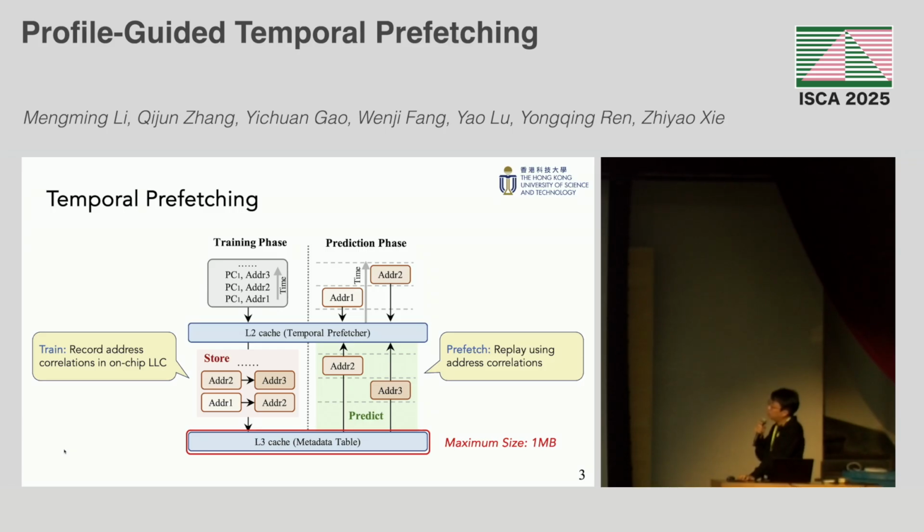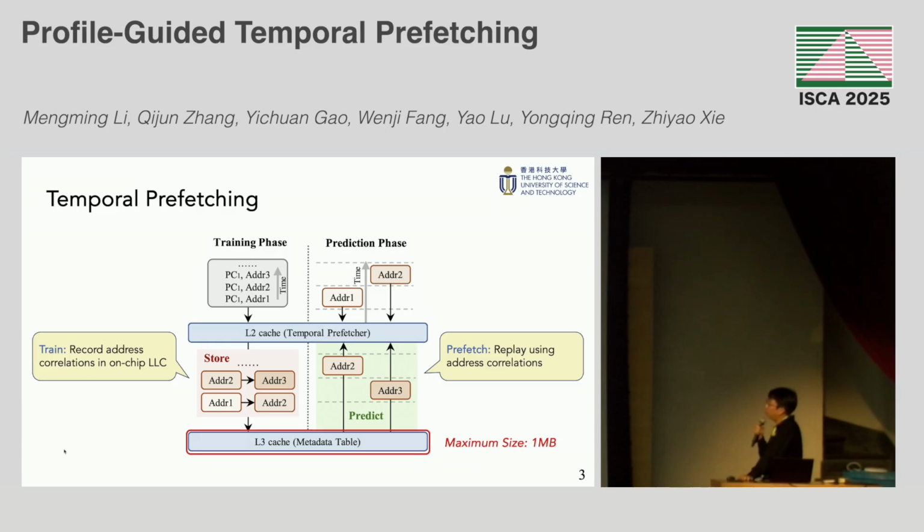For example, PC1 accesses address 1, address 2, and address 3, and we record that the successor of address 1 is address 2, and the successor of address 2 is address 3. Then in the prediction stage, when address 1 comes to the temporal prefetcher, it will accordingly prefetch address 2 and then address 3.